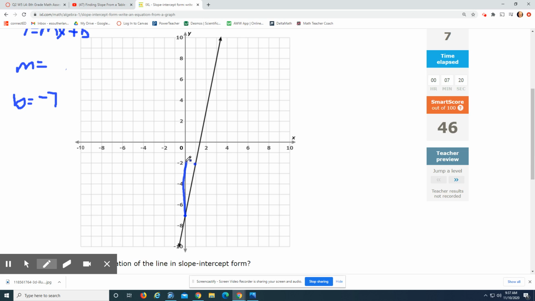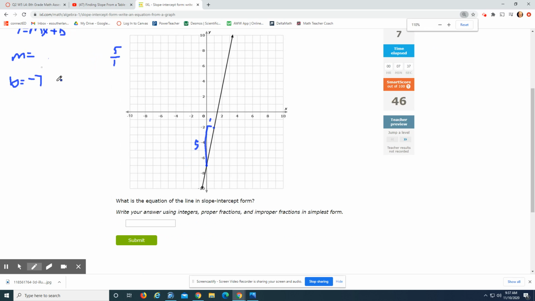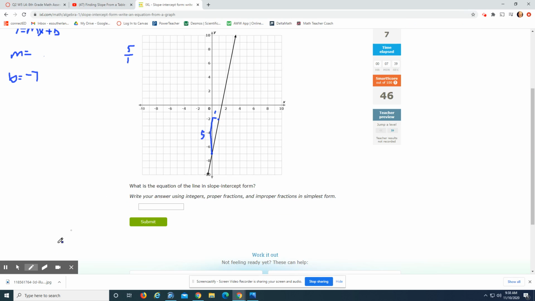And you can see that it crosses 1, 2, 3, 4, 5, and then runs 1. Left to right it's going up, so it's positive 5 over 1. And then make your screen smaller if you need to, so that you can type in y equals 5 over 1 x and then minus 7.